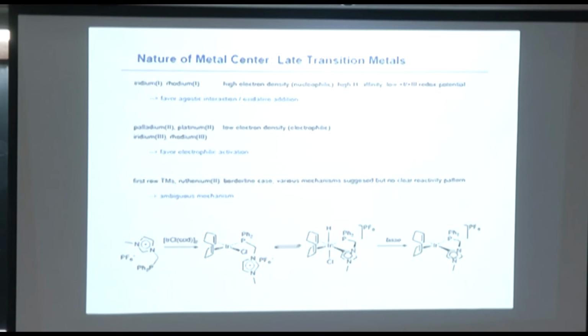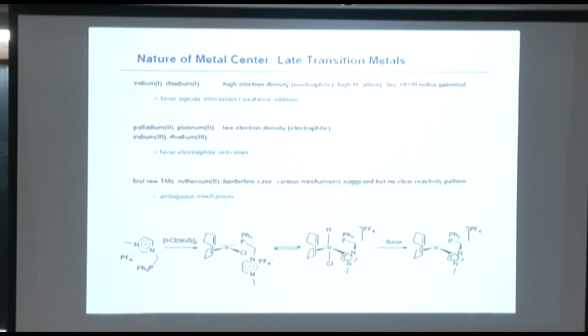We have a few systems then that are borderline. Ruthenium-2, we have seen for ruthenium-2 both electrophilic pathways and nucleophilic pathways. With the nucleophilic pathways, we're not sure whether there's a transient reduction to ruthenium-0, which of course makes it very important. And then iron or nickel are again borderline. Sometimes we see the characteristics of nucleophilic, sometimes electrophilic substitution.